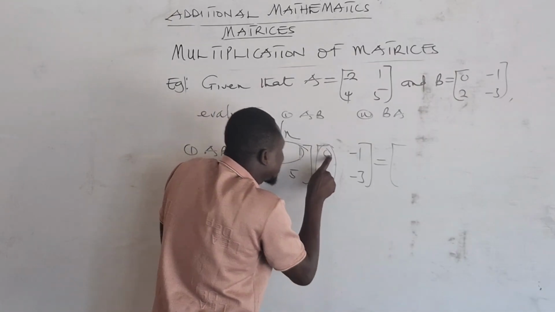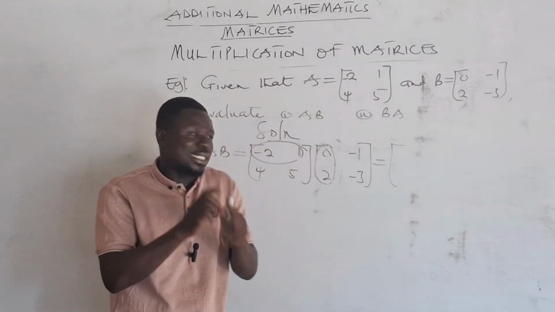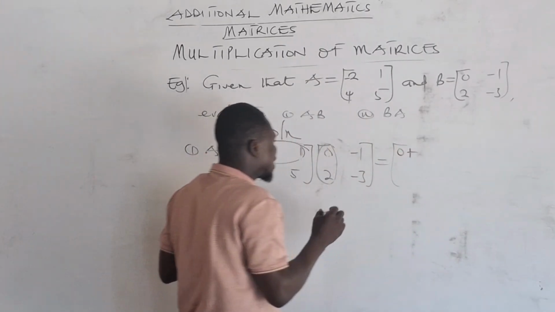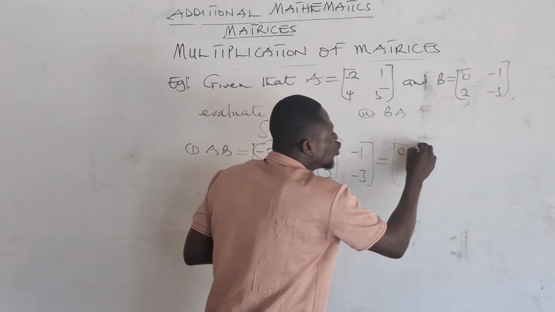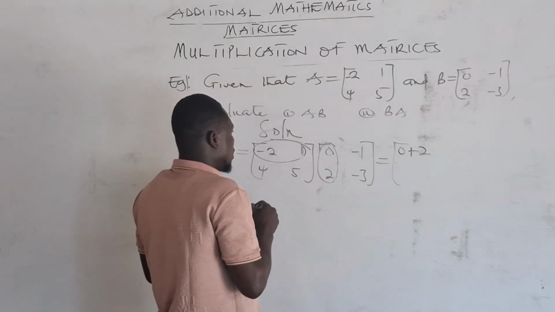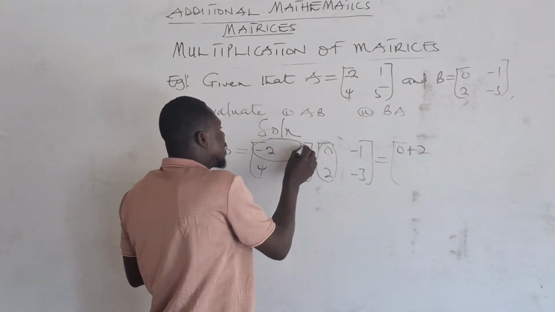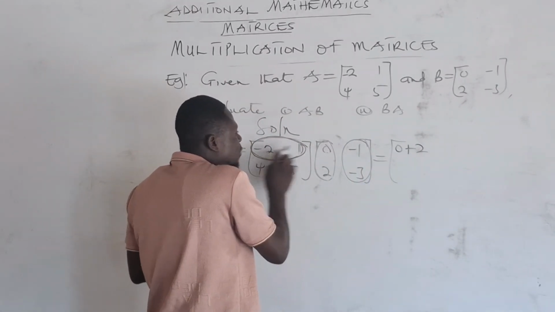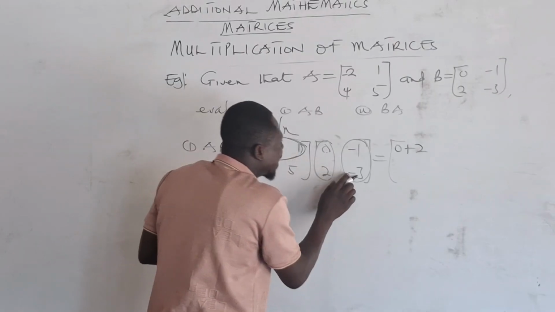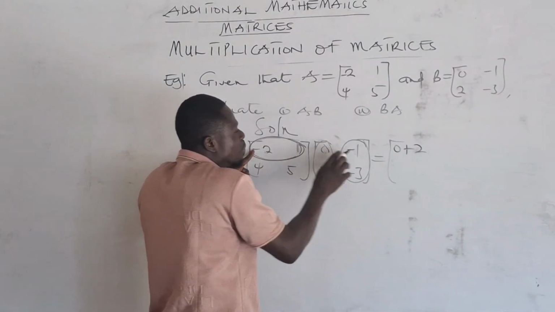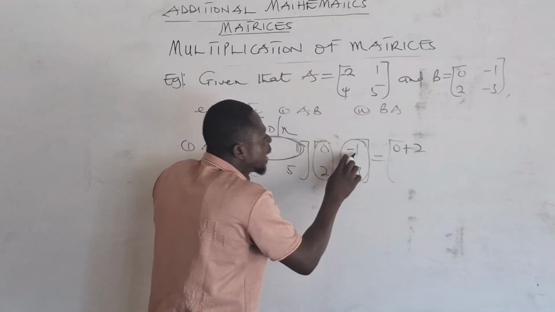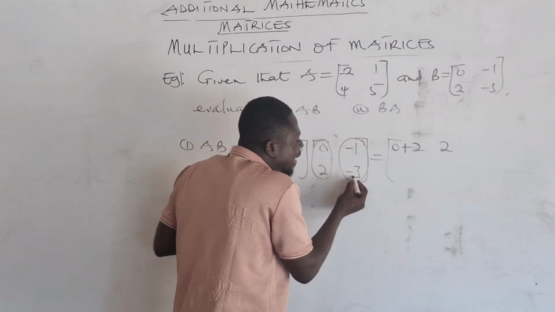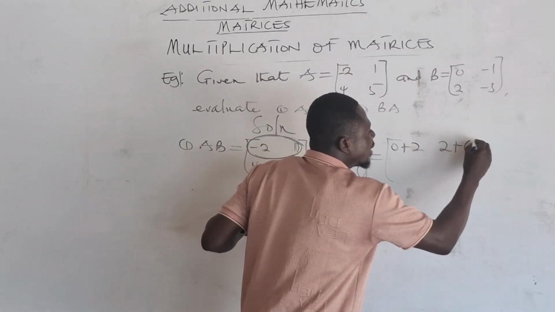So -2 by 0 will be 0, plus 1 by 2 will be 2. Then the first row by the second column, first by first, second by second: -2 by -1 will be 2. Then 1 by -3 will be -3.